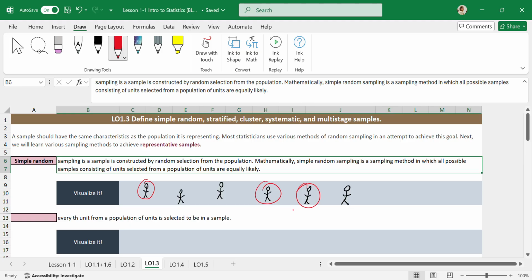So they're randomly picked. You can do it using a computer as well. A random number generator is the most common way to do a simple random sample now, rather than drawing names from a hat. But either of those methods would be considered random sampling where everybody has the same chance of being selected.